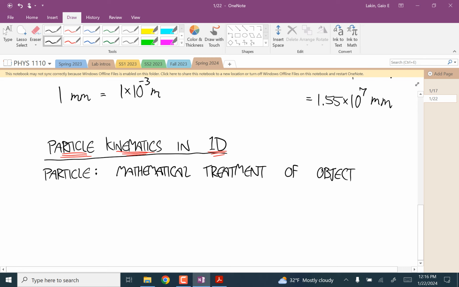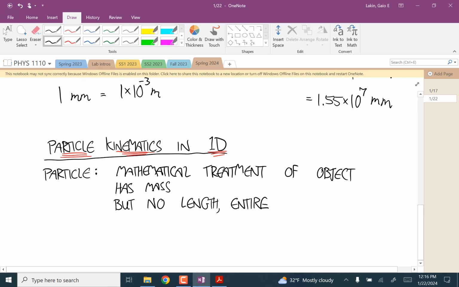And the treatment says the object does have mass. But we're treating it as having no length. And the entire object exists only at its center of mass.